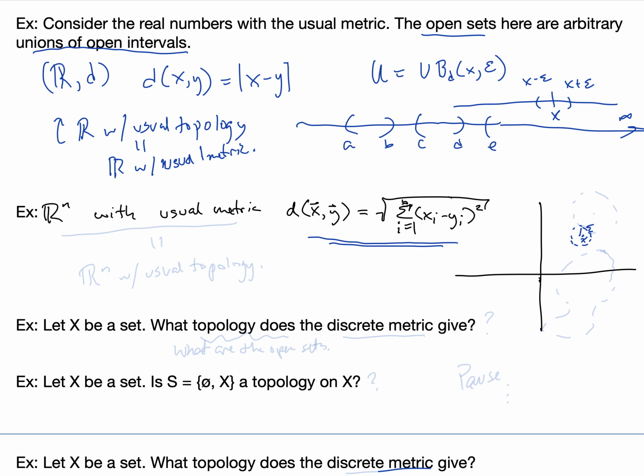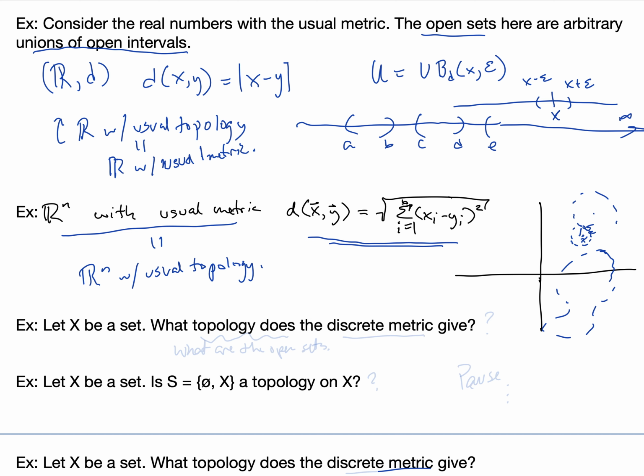But this is our straight line distance between points, our usual metric for R^n. And unions of things of this form are going to be open in this space. So unions of things of that form are open.